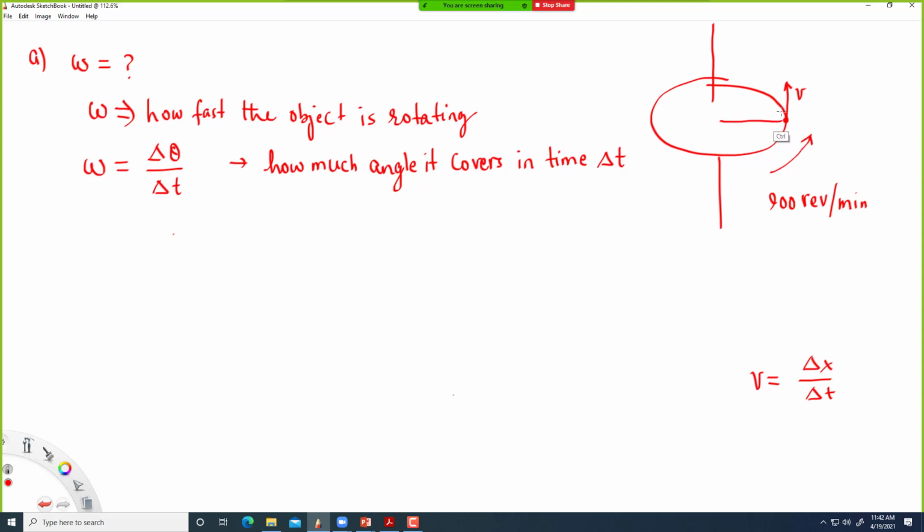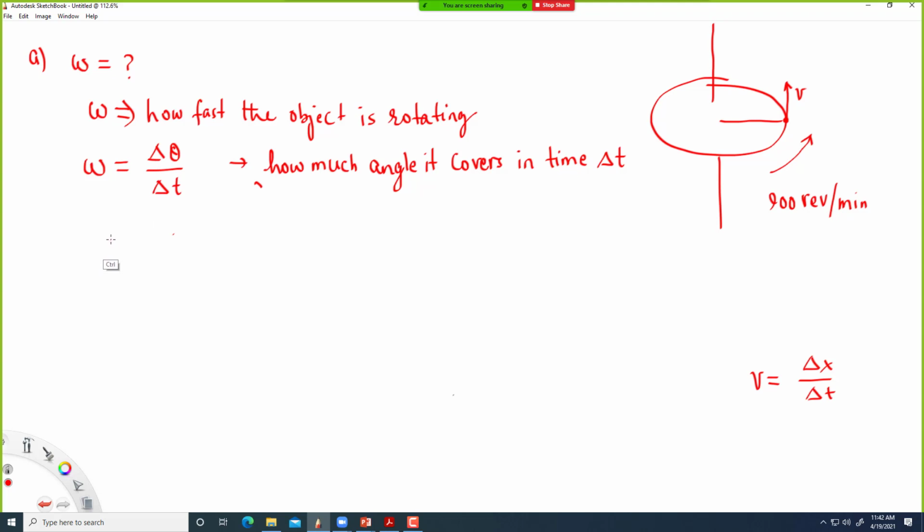In a certain time delta t, how much angle it covers with respect to that time. So delta theta over delta t.